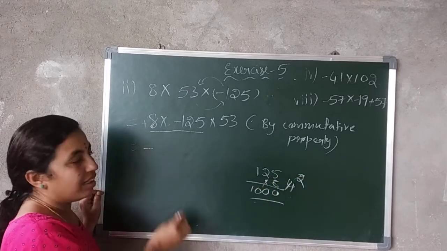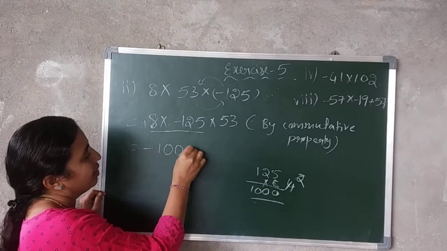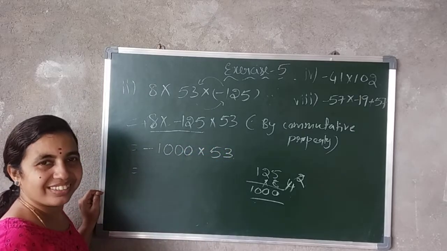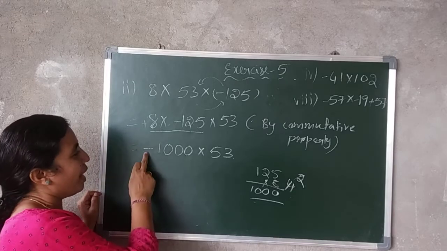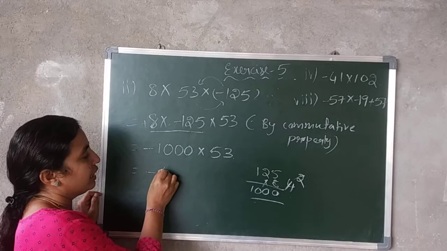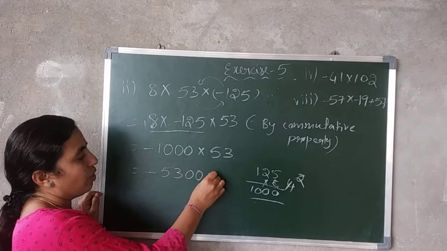How much did you get? 1000 into 53. Now, was it easy or not? Yes. Only one negative sign is there, so minus. And 1000 into 53 is nothing but 53,000.